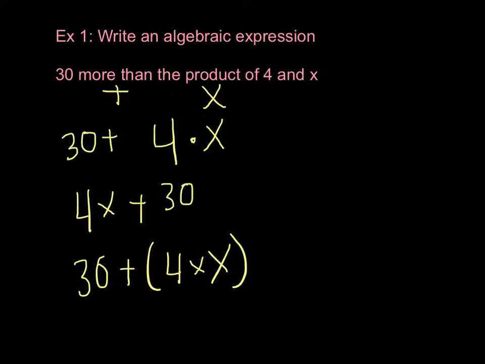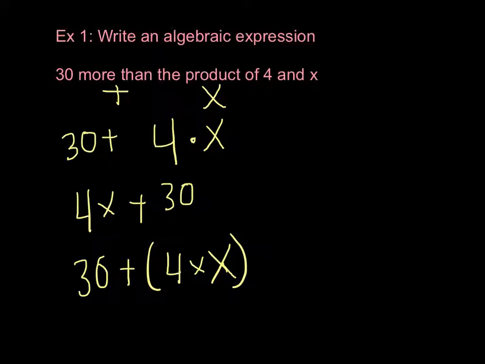That looks kind of weird with those two. This one's a times, and this one's the actual x. Sorry, that looks kind of funky. So there's a couple of different ways you could write the algebraic expression, but it means the same thing, meaning 4 times x, the product of 4 and x, plus 30.